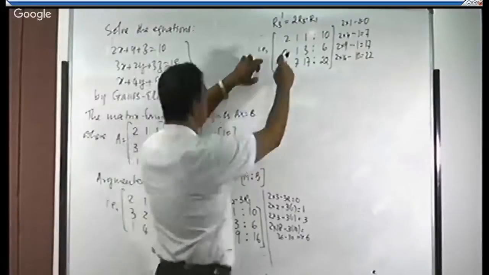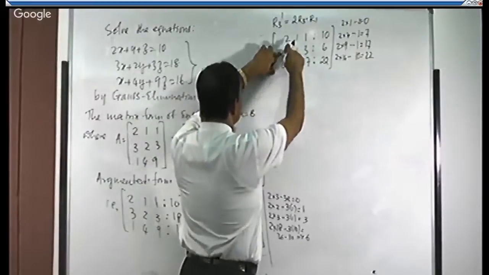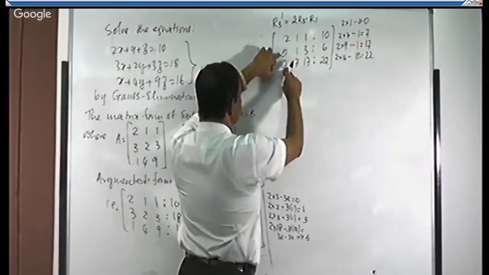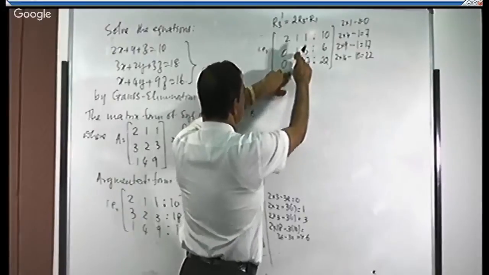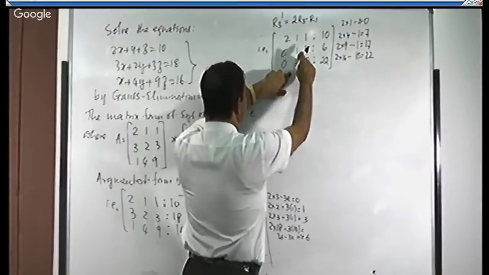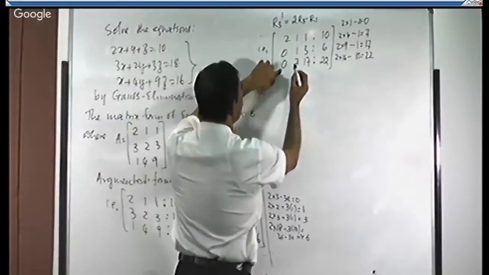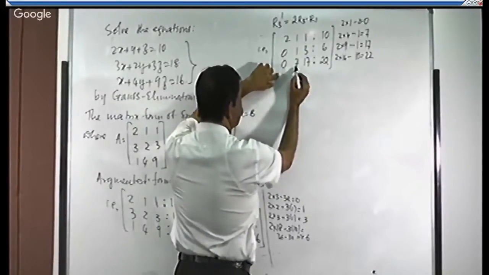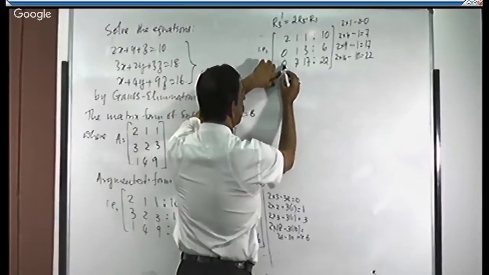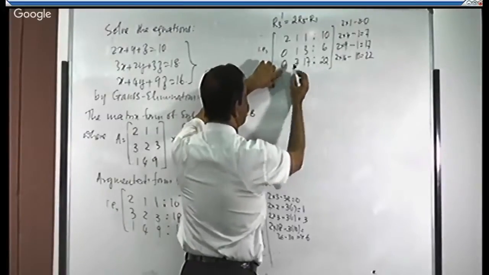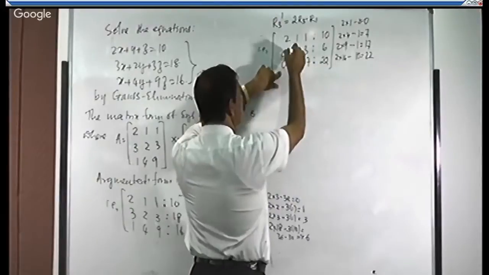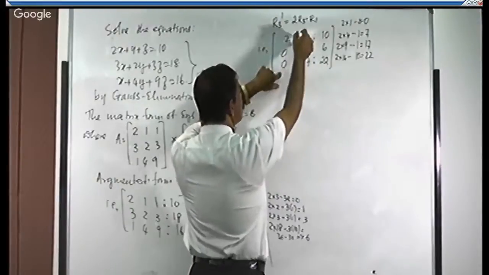So first these two elements are made into 0. Next, what is next step? In the next step, I need to make these elements also 0. Now, to make this element 0, you just apply a rule with the second row only. Don't use it for first row.